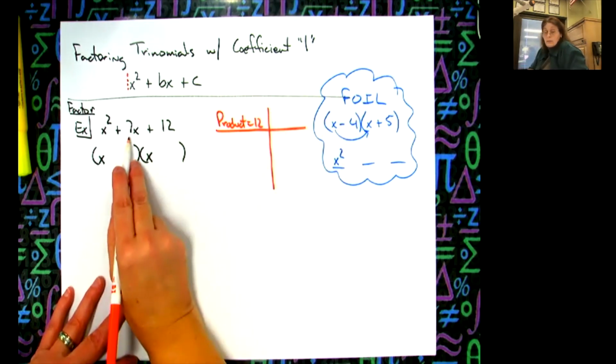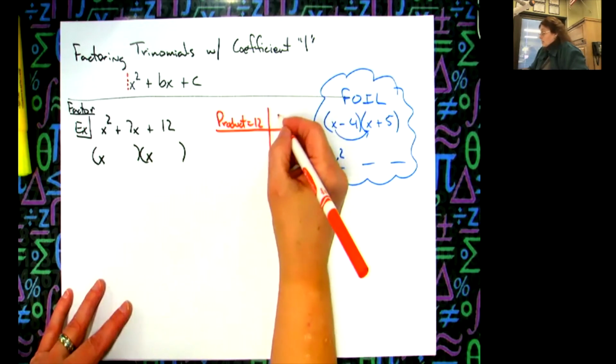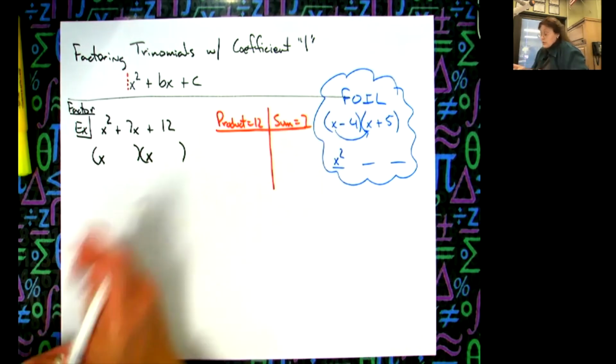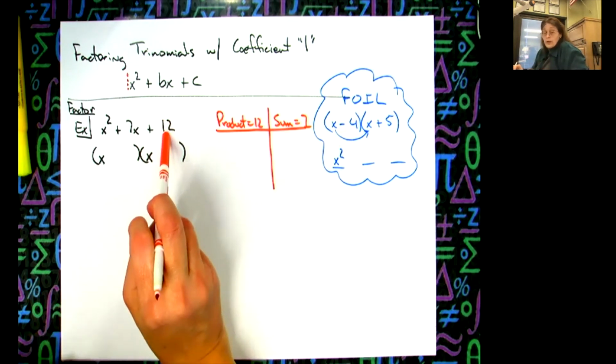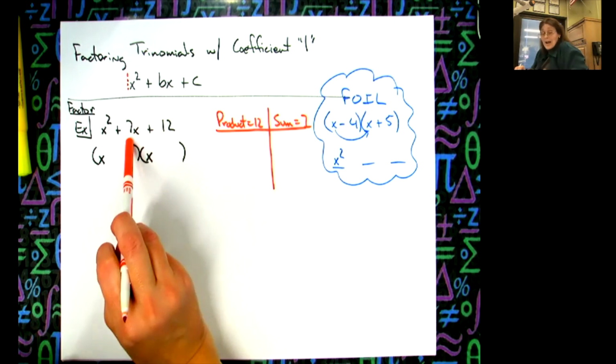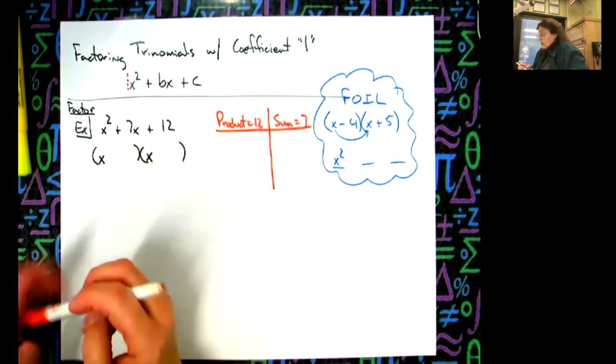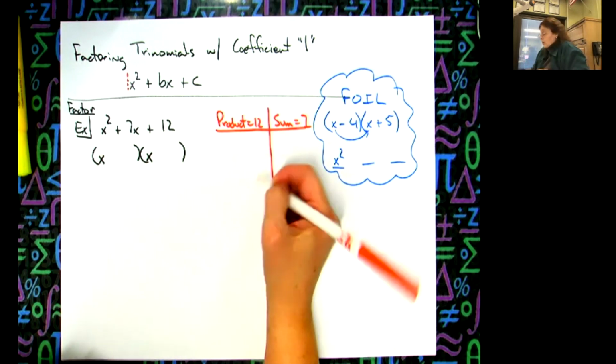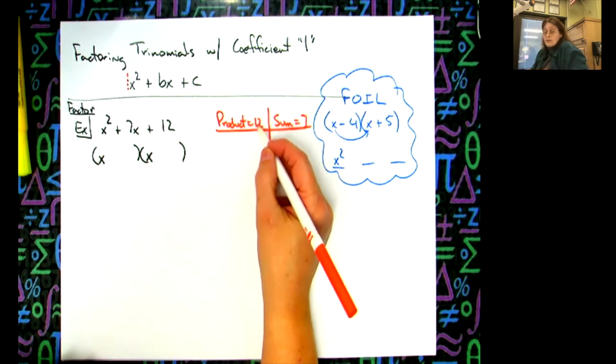And then I'm going to take this middle number and say, I need a sum of 7. It's always this: the two numbers that multiply together to equal 12, but then those same two numbers also have to add, or sum, to 7. Now, if you want to be very systematic in your trial and error, you're going to write down all of your factors of 12.